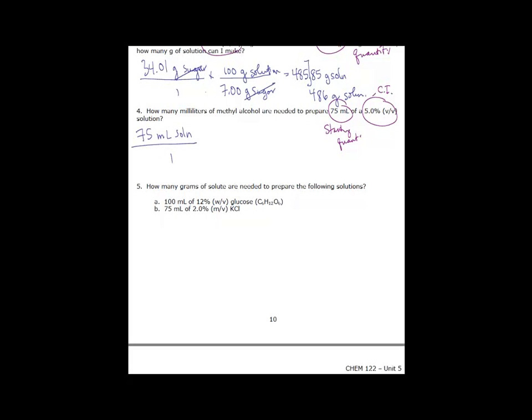Your solute is right here. So that's your solute. So you're given 75 milliliters of solution, and it's 5% volume per volume. So 5 milliliters of methyl alcohol. You guys could draw that out if you wanted to, because you know the structure of methyl alcohol. Over 100 milliliters of solution.